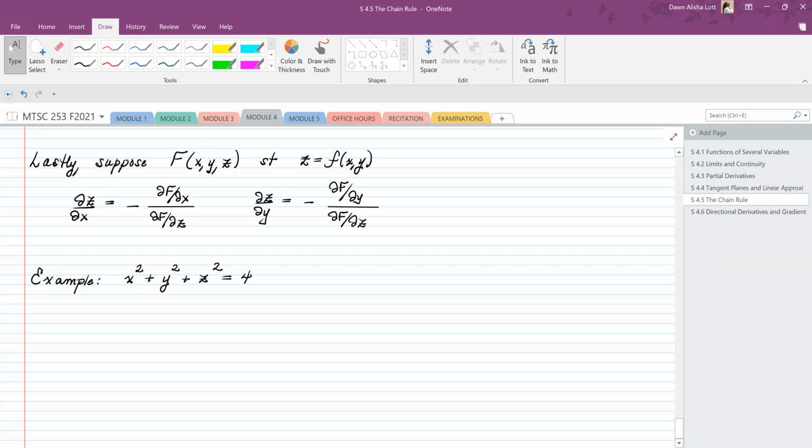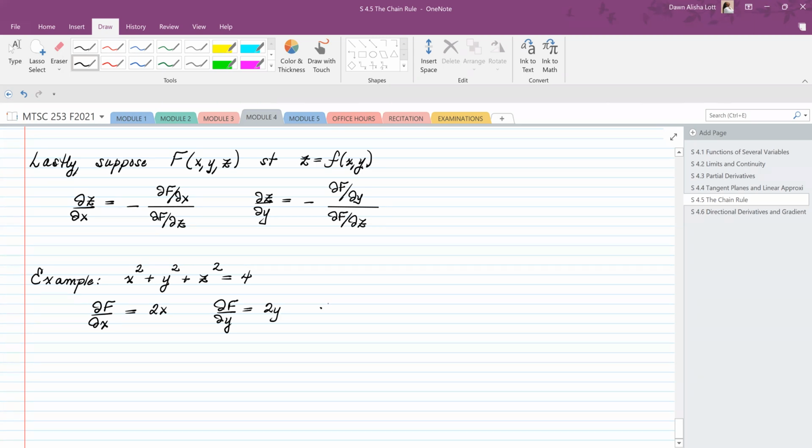In order to find the partial of z with respect to x, notice that we're assuming z is a function of x and y. But notice if I wanted to solve for z, I could, but solving for z is a pain. So I just need to find the partial of f with respect to x. That's 2x. The partial of f with respect to y, that's 2y.